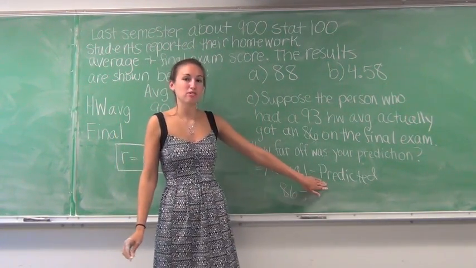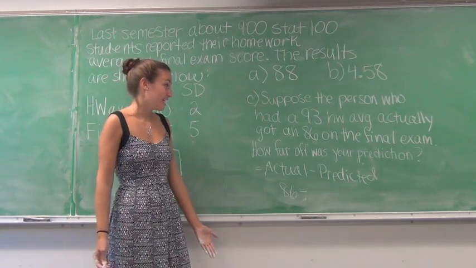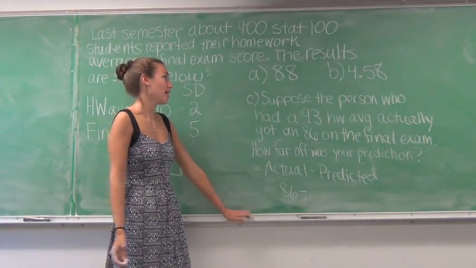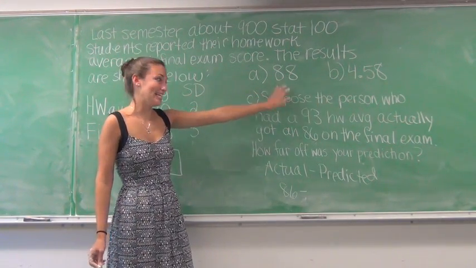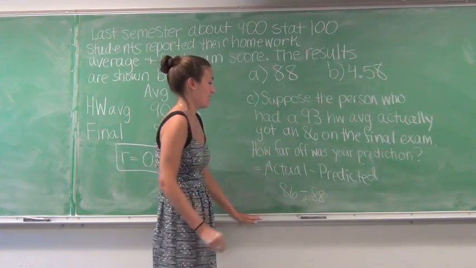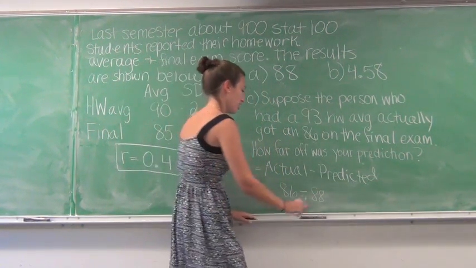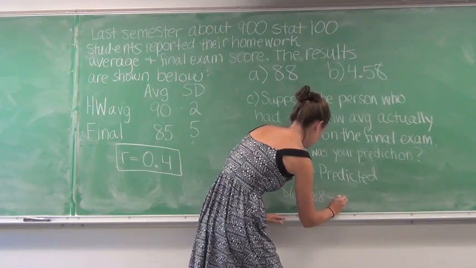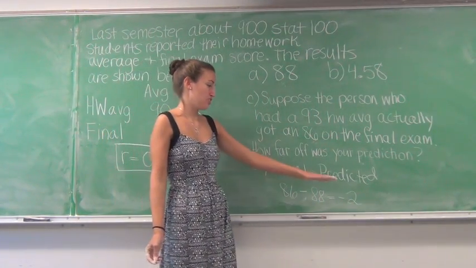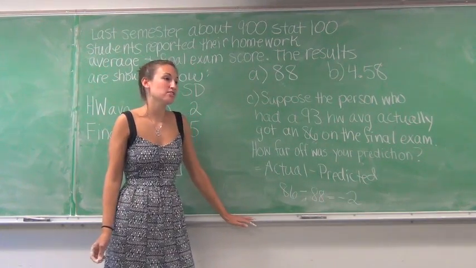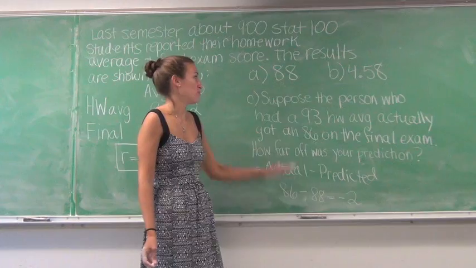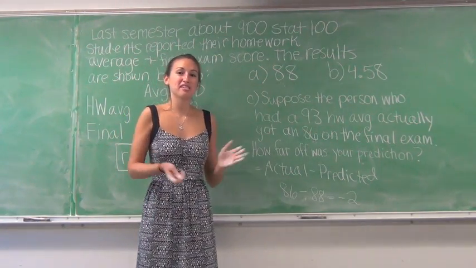Minus our predicted. Remember, in part A, we were predicting what someone who had a 93 homework average would get on their final exam. And we predicted that they would get an 88. So 86 minus 88. So our prediction error is just -2. And here we see our prediction error is negative, and that's because we predicted them to do better than they actually did. We predicted they'd get an 88, but in reality they got an 86.